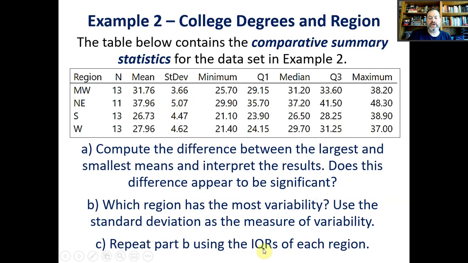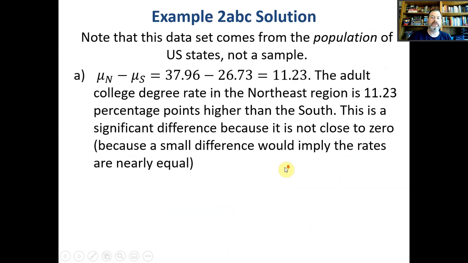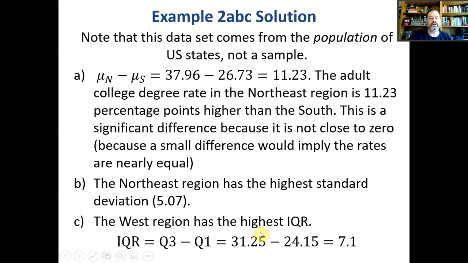What if you measure the IQR? In order to measure the IQR, you have to go through and do Q3 minus Q1 for each of these regions. And it turns out that the West is actually the largest. So 31.25 minus 24.15, here's your answer, is 7.1.